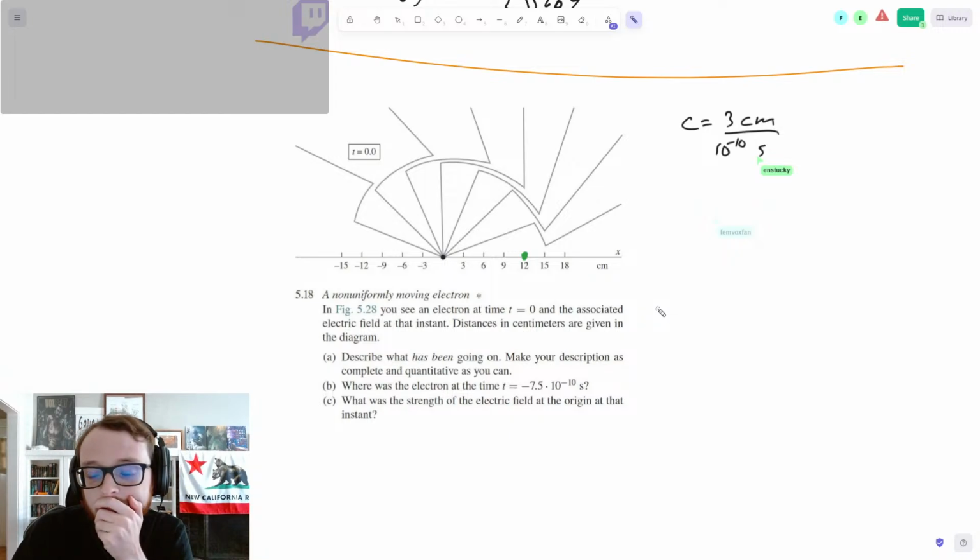But what's the significance of 12 centimeters? That tells us how much time there's been between when we looked at it and when it stopped moving? Right. Things far away still think that it's at 12 cm.